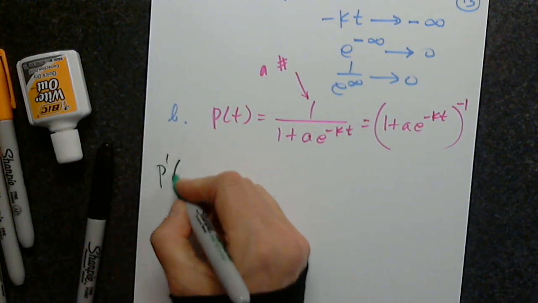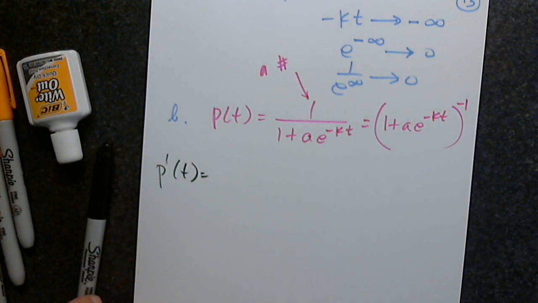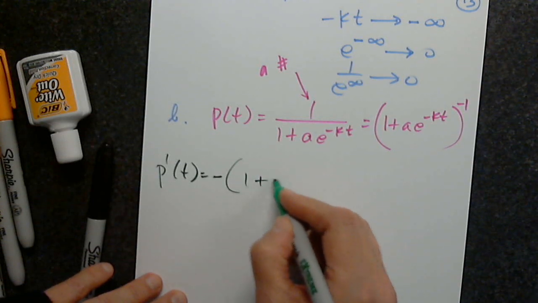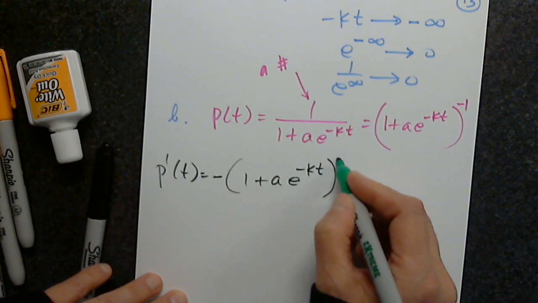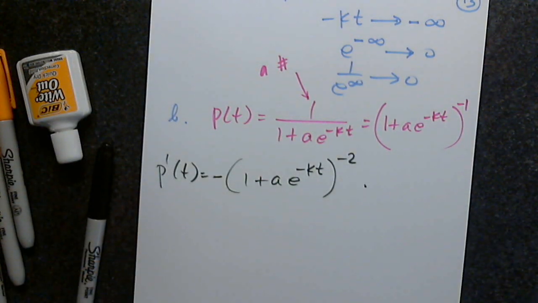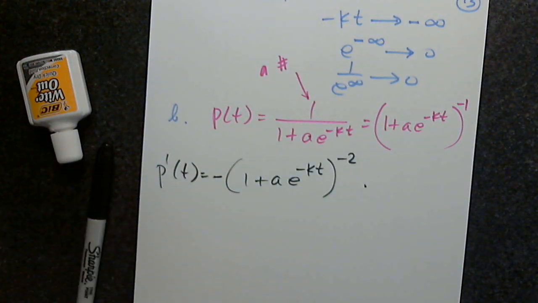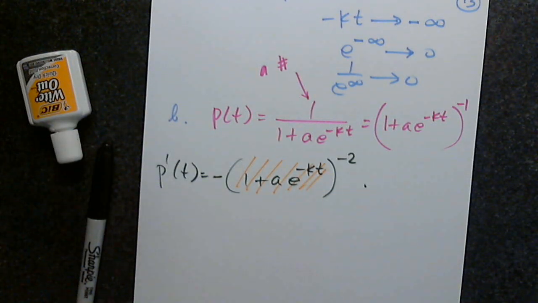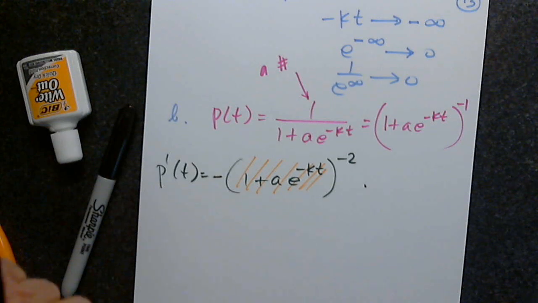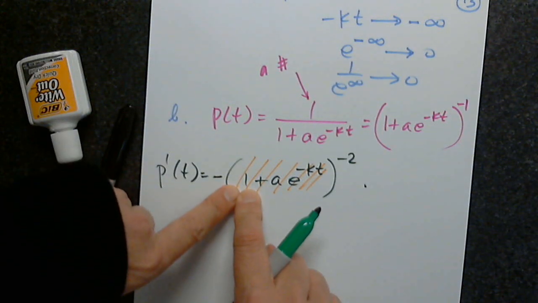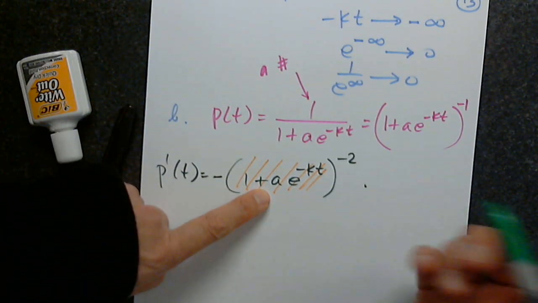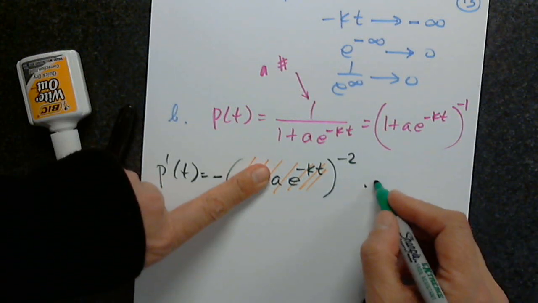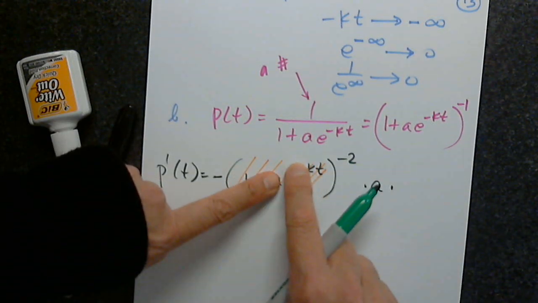So P prime. Now I have to be careful because I have to bring down negative 1, subtract 1 from the power, and now differentiate the inner function. This function is the inner function. So I have to differentiate it. The first portion is 0, plus a multiplied by this prime.